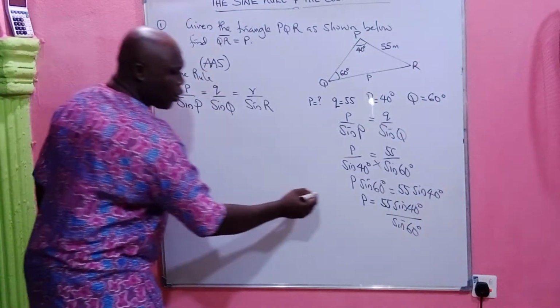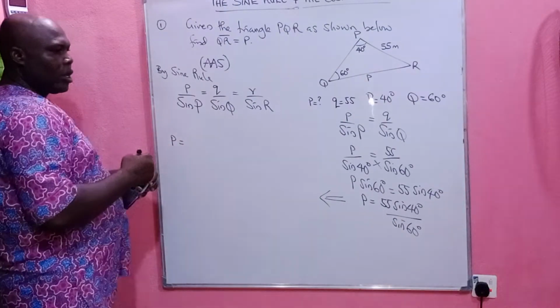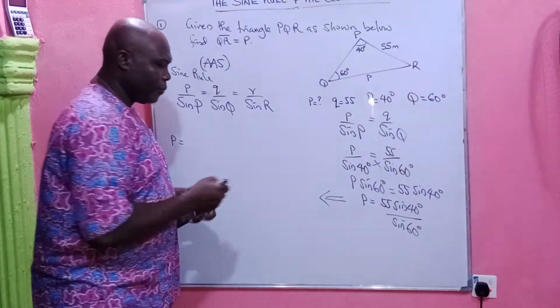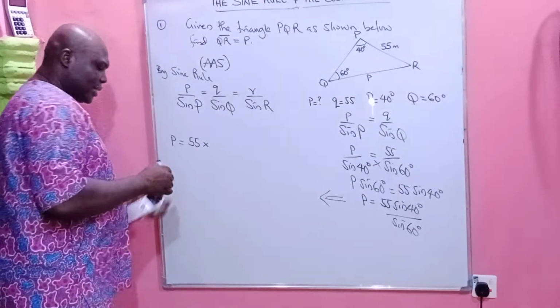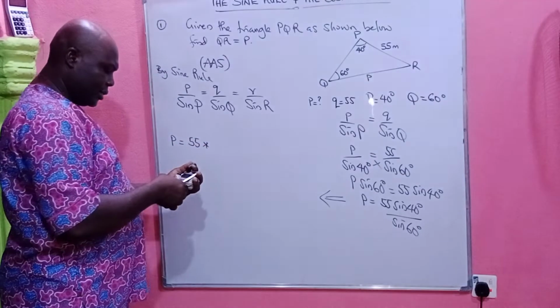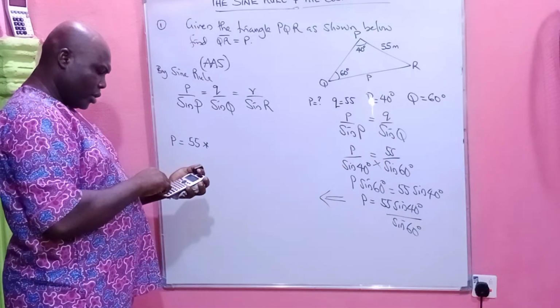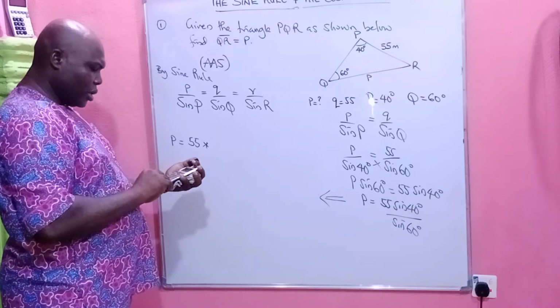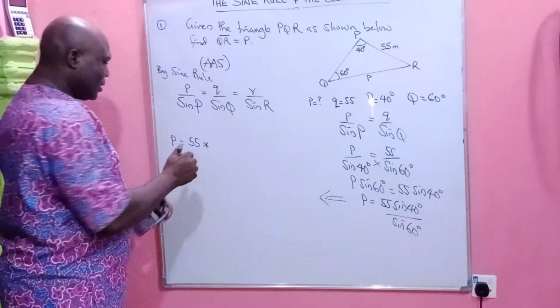So let's see how we can complete that. We are looking for p, which will be equal to 55 times the sine angle of 40 degrees. Sine 40 degrees will give us 0.6428.